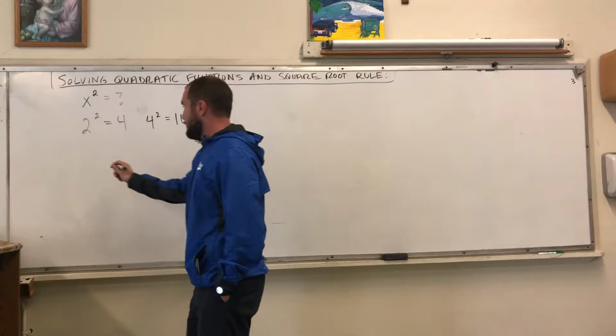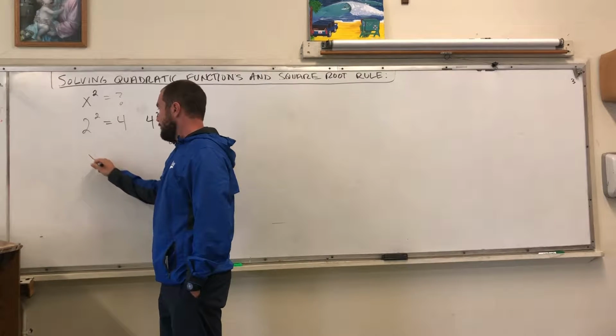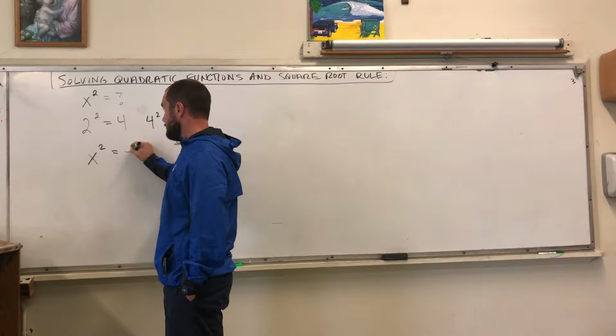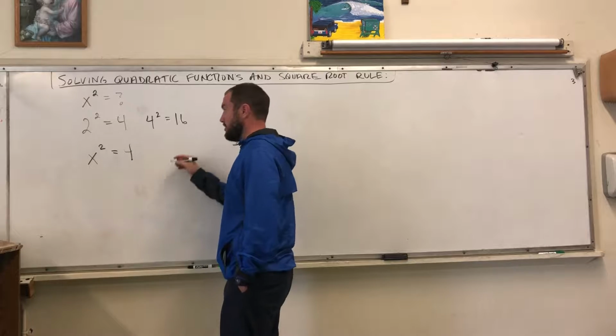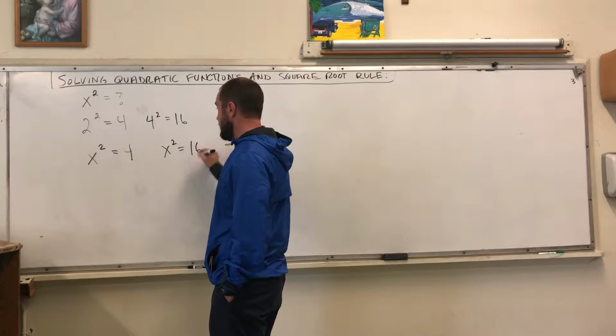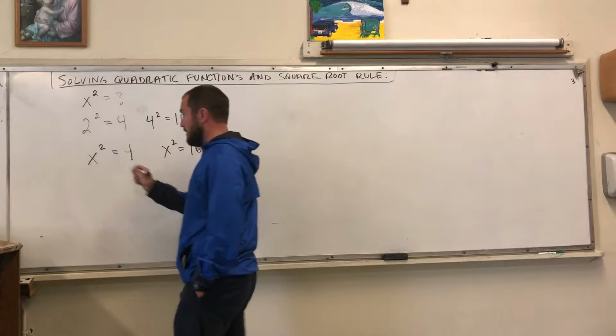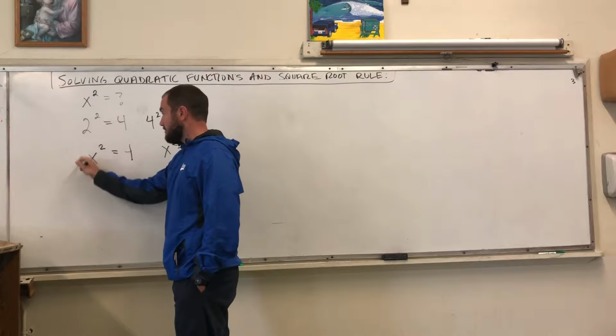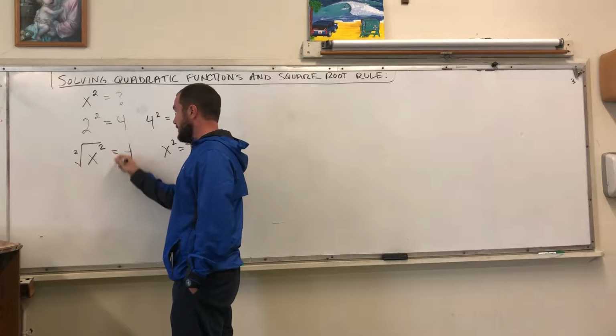Now let's add a variable to that and say, if you want to solve for a variable and set it to an integer like 4, or a perfect square, if x squared is equal to 16 and this is something you're solving for, well, in order to get rid of a square, something squared, you take the square root.